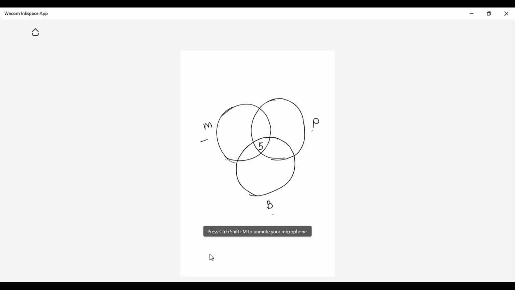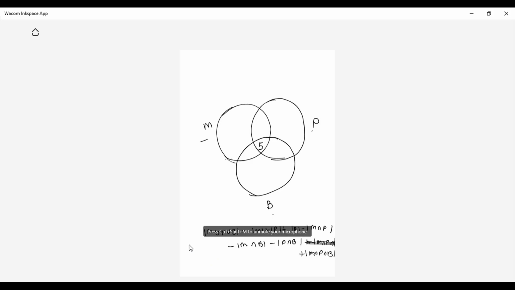I'll write it here: M union P union B is equal to M plus P plus B minus M intersection P minus M intersection B minus P intersection B plus M intersection P intersection B. So I have written it like this.